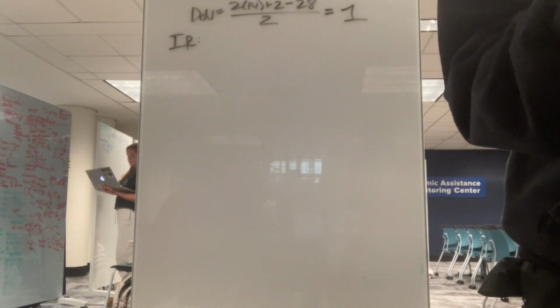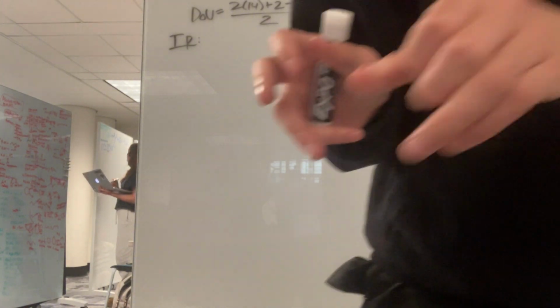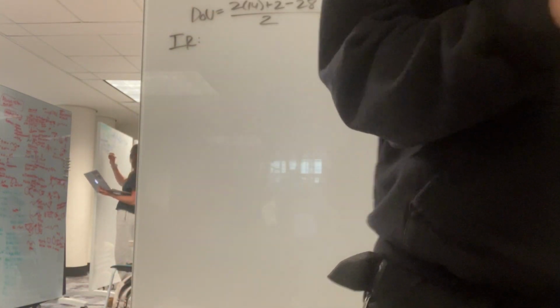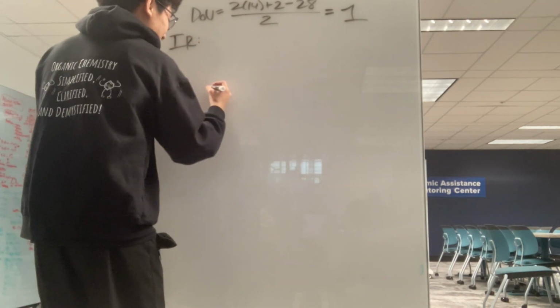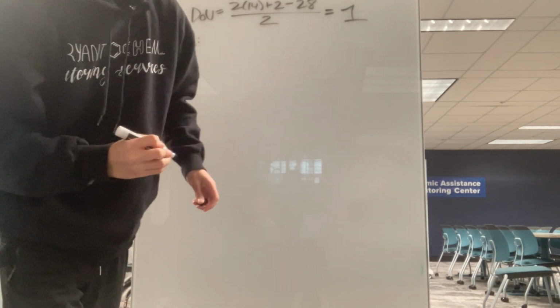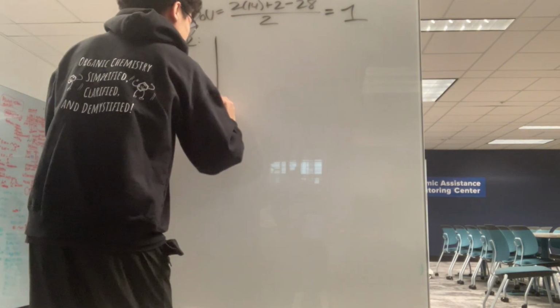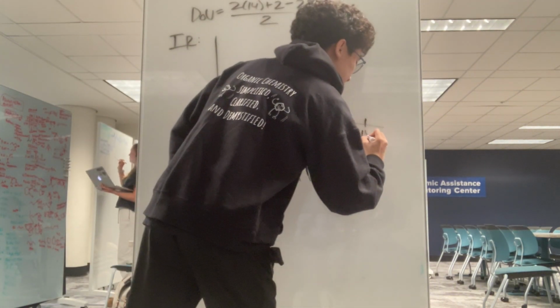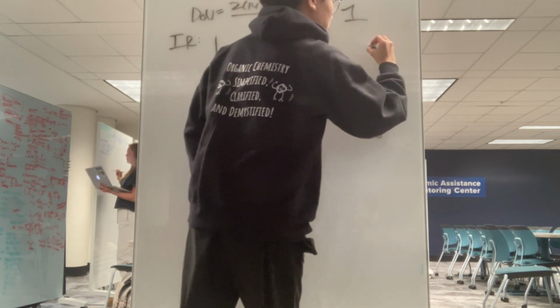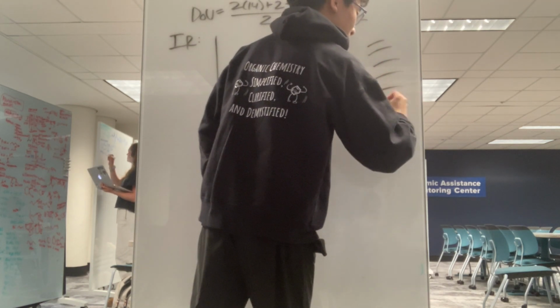Let me briefly go over what the IR would be, and then we can analyze the IR. The IR is going to have this graph right here. Let's say this is the 1500 peak. Ignore everything at 1500 and below.